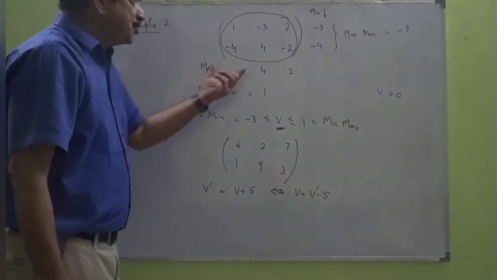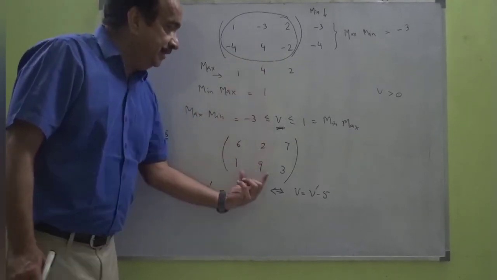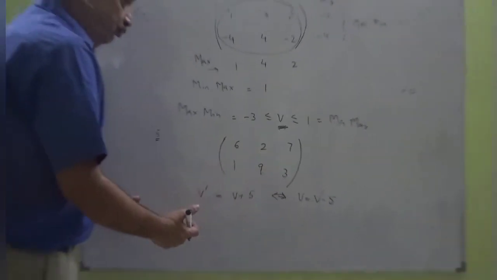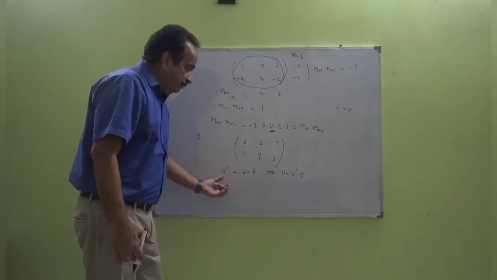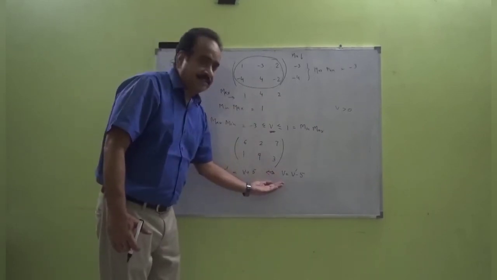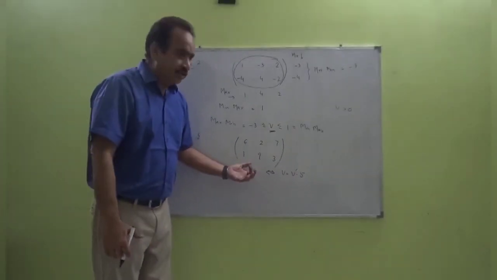So instead of writing the linear programming equivalents of the given game, we'll write the linear programming equivalents of this new game, solve those, and ultimately we'll manipulate for the value of the given game using this relation. Now what are the linear programming equivalents of this game?